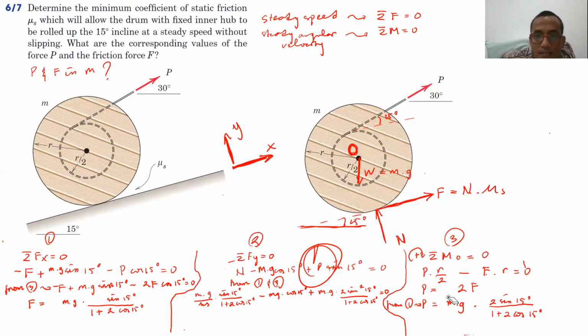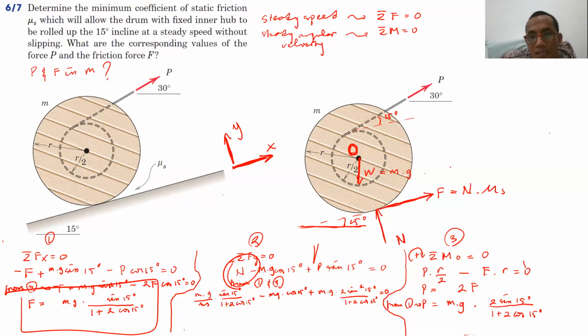And here, we can replace N with F divided by mu s. Remember that F is equal to N multiplied by mu s, because F, the friction force, equals the normal force multiplied by mu s. It's mainly due to the first equation, the question there.